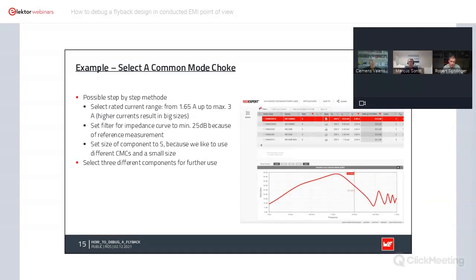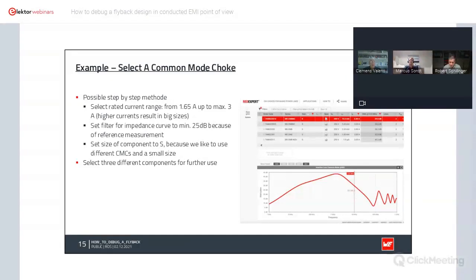And to not get so many hits, I limit it to 3 amps, because you can also have 10 amp or 16 amp components, but this will result in very big sizes. It's not so nice.